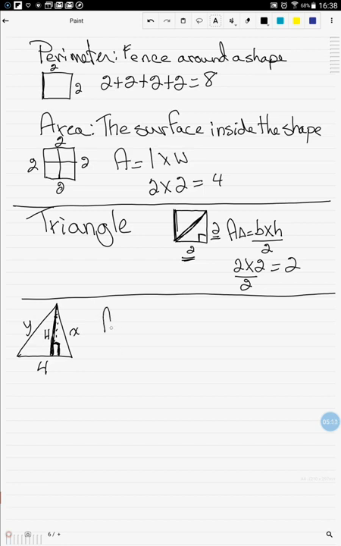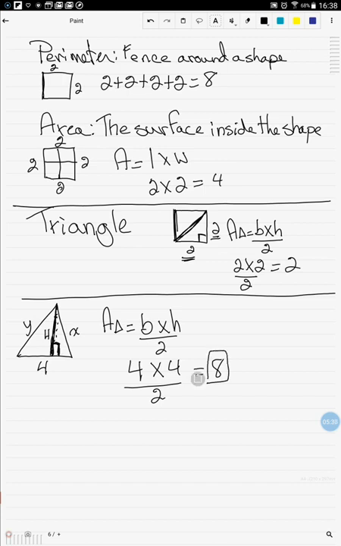So my area for a triangle equals my base times my height divided by 2. So in this case, 4 times 4 divided by 2, which is 4 times 4, 16, divided by 2, 8.